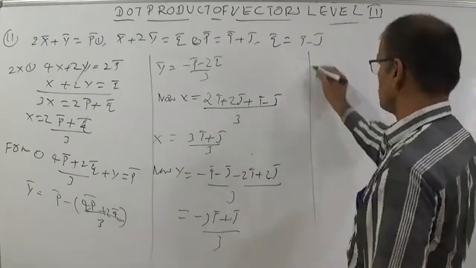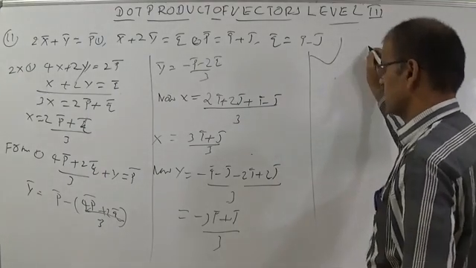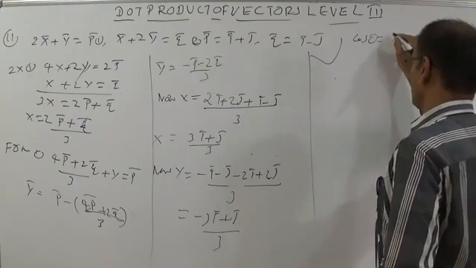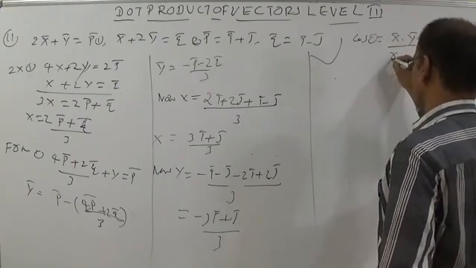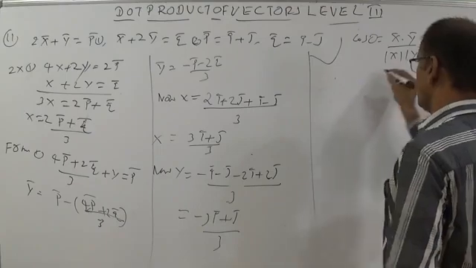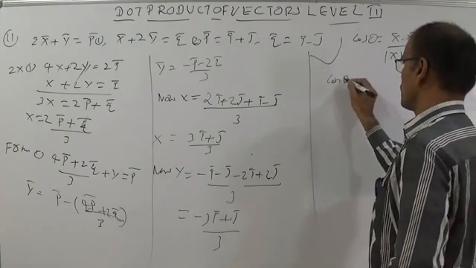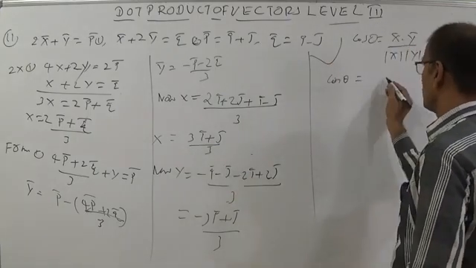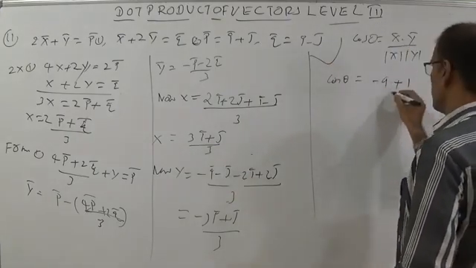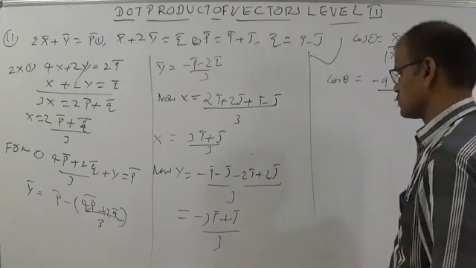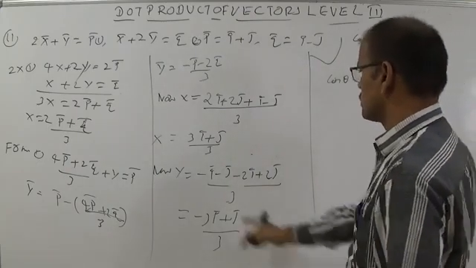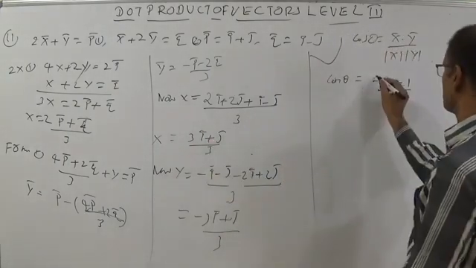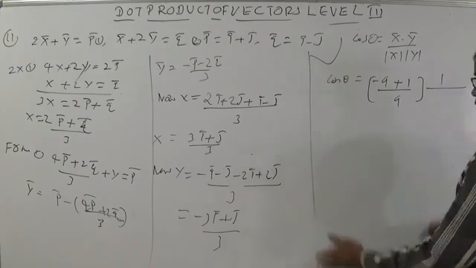Now the angle between X and Y: cos theta is equal to X bar dot Y bar by modulus X into modulus Y. So cos theta is (3 into 3 is minus 9, plus 1) whole by 9 into the magnitude, which we should also calculate.